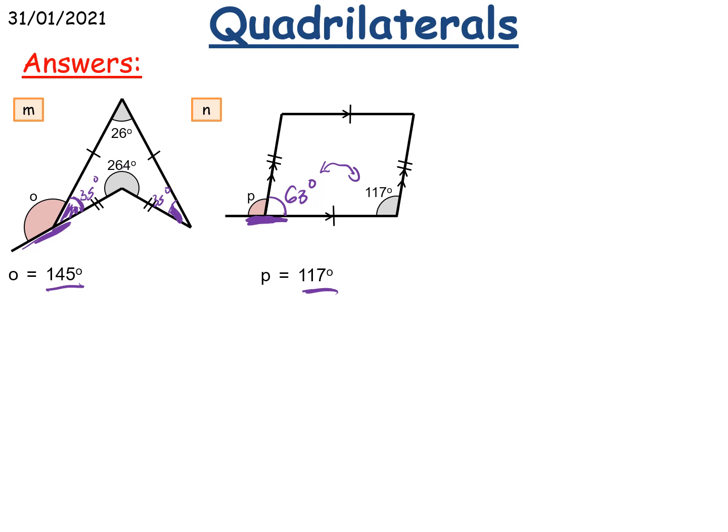Or you can look at your parallel lines. You've got this and this, and this is an F angle, which means that P and 117 degrees are corresponding, and corresponding angles are equal.